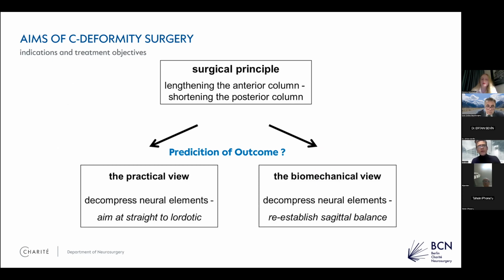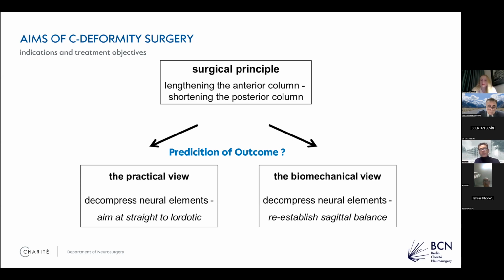So while we would all agree that the surgical principle when we are treating these patients is to correct the deformity to some extent and thereby increase the anterior column and shorten the posterior column, the old debate is, should we aim for a mediocre correction of the deformity, so aim for straight or a little bit of lordosis, or should we aim at re-establishing the overall balance and the cervical alignment in a way that it's close to physiological parameters?